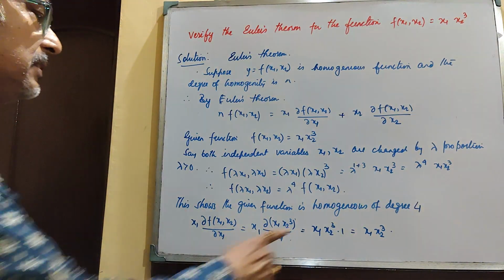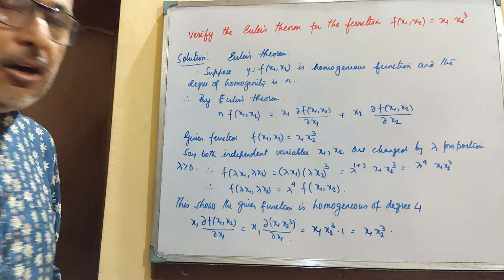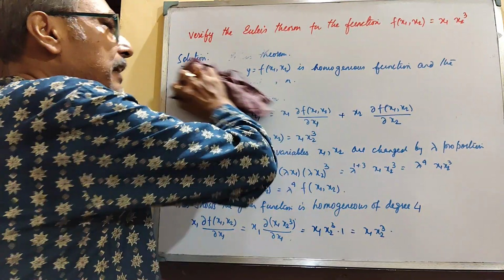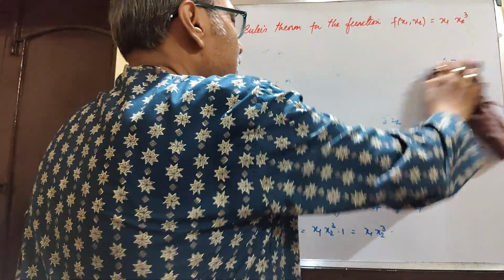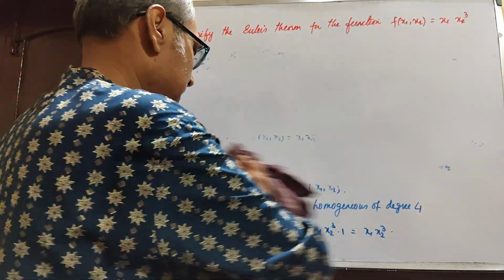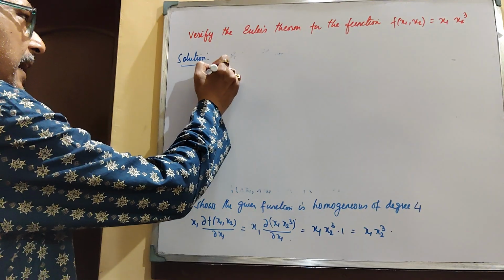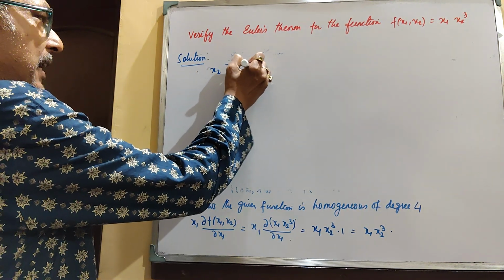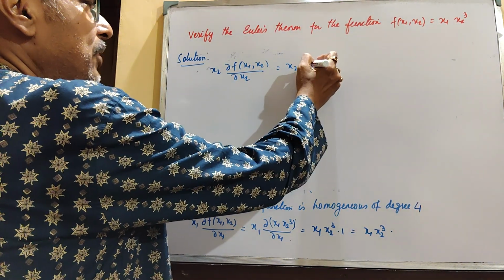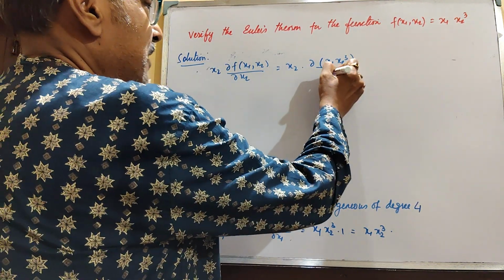Now we do this part, that is x2 into del f of x1 comma x2 by del x2. Again we differentiate the function with respect to x2 keeping x1 constant. So x2 into del of x1 x2 cube by del x2.